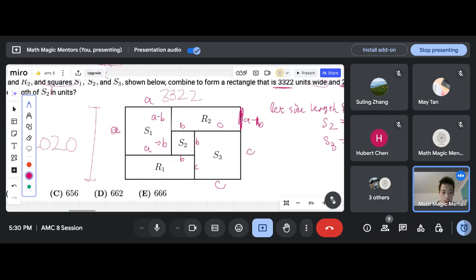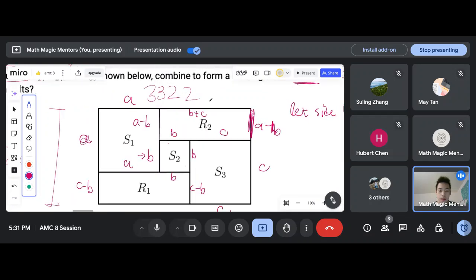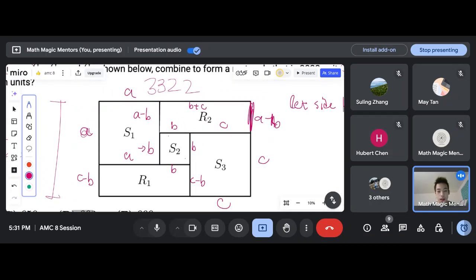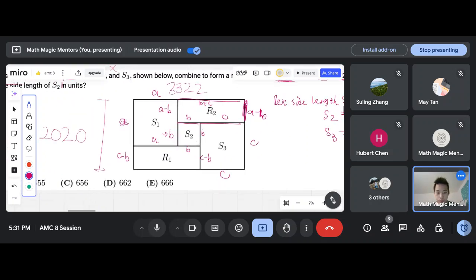By the same logic, this is C minus B, and this is C minus B. This side length is going to be A plus B. This is going to be B plus C, because we're adding the side lengths of S2 and S3 together, and that's going to be the length of R2.